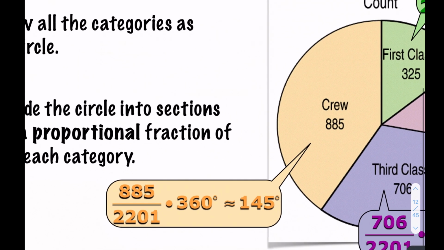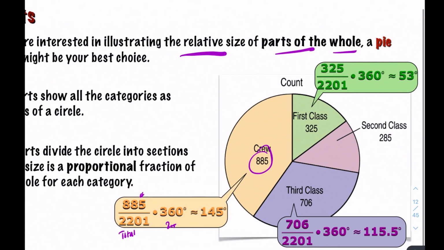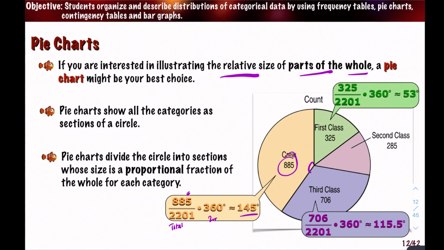To calculate the area represented by the crew, we take the number in the crew divided by the total number of passengers, and multiply by 360. If you really want to be fancy, you could also do 2 pi. We're not fancy in this class, so we're going to stick with degrees, and you get about 145 degrees. The angles taken up by the proportions should match what you expect.